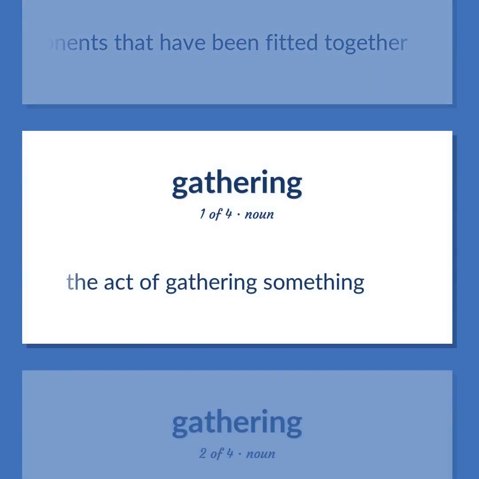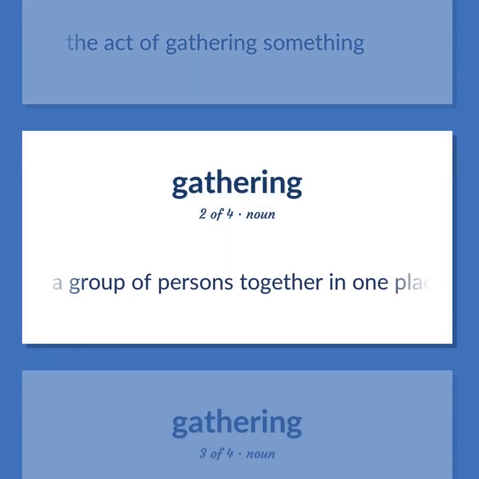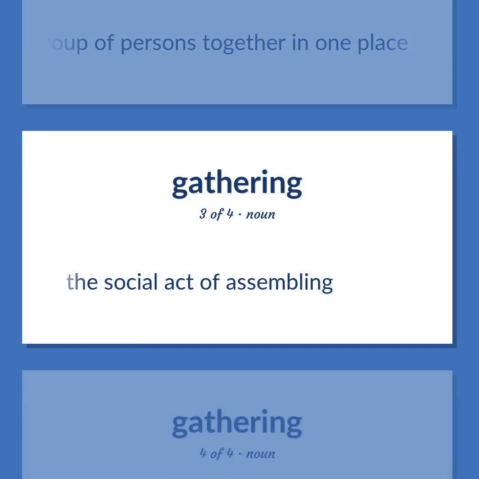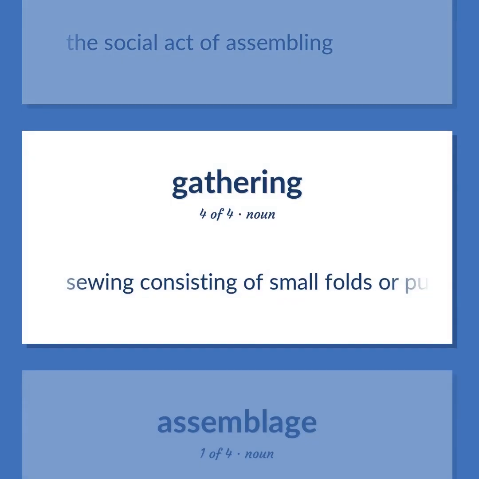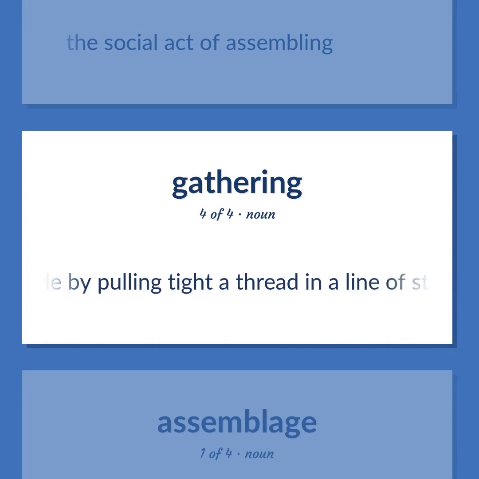The act of gathering something. A group of persons together in one place. The social act of assembling. Sewing consisting of small folds or puckers made by pulling tight a thread in a line of stitching.